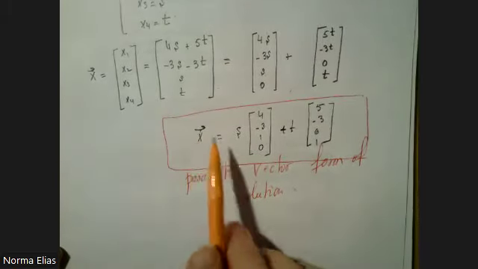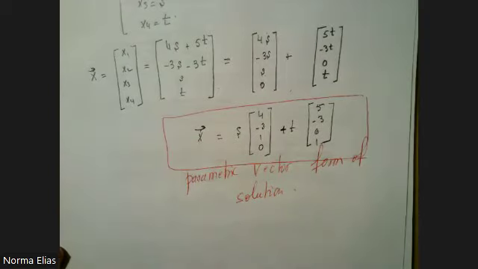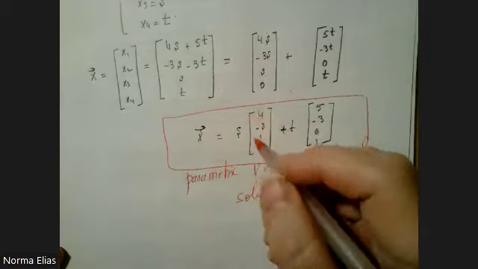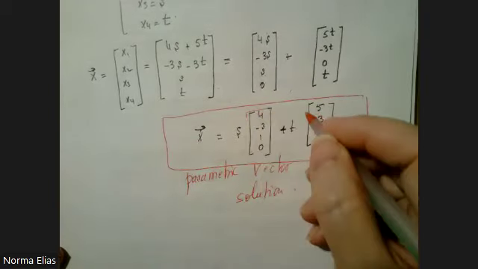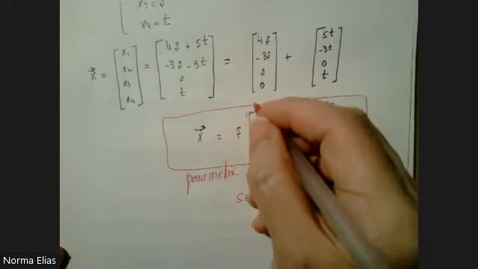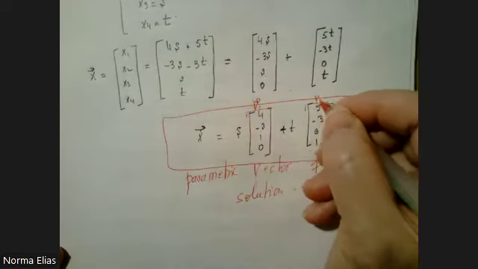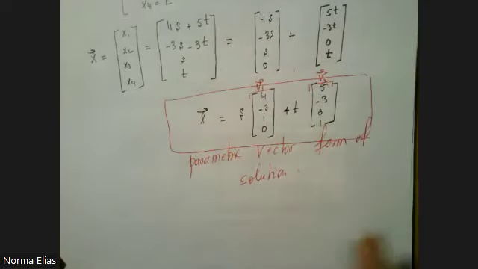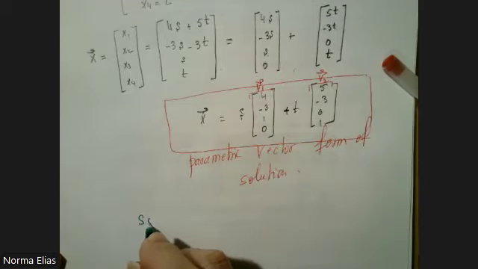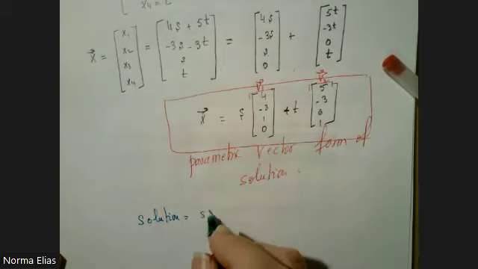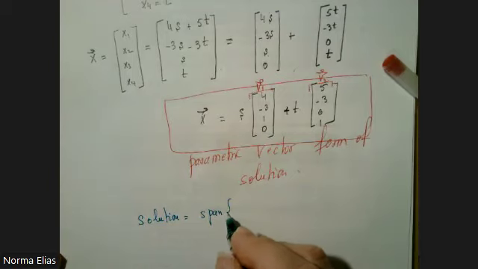And algebraically, we can view every solution as a linear combination of this vector and that vector. So if I call this vector v1, and this vector v2, then I can say that the solution is actually the span of those two vectors.